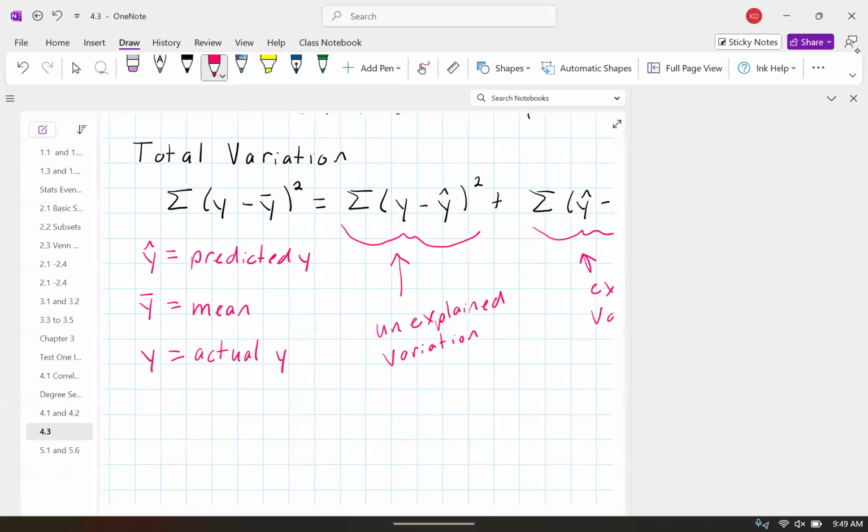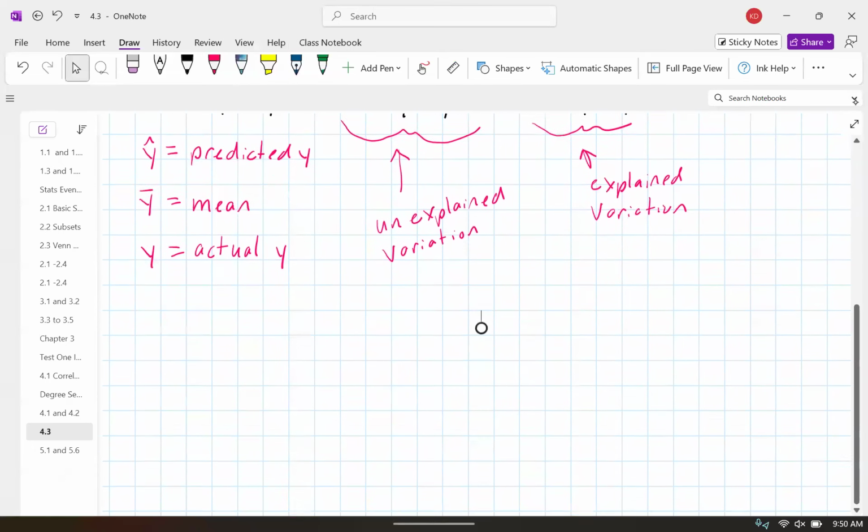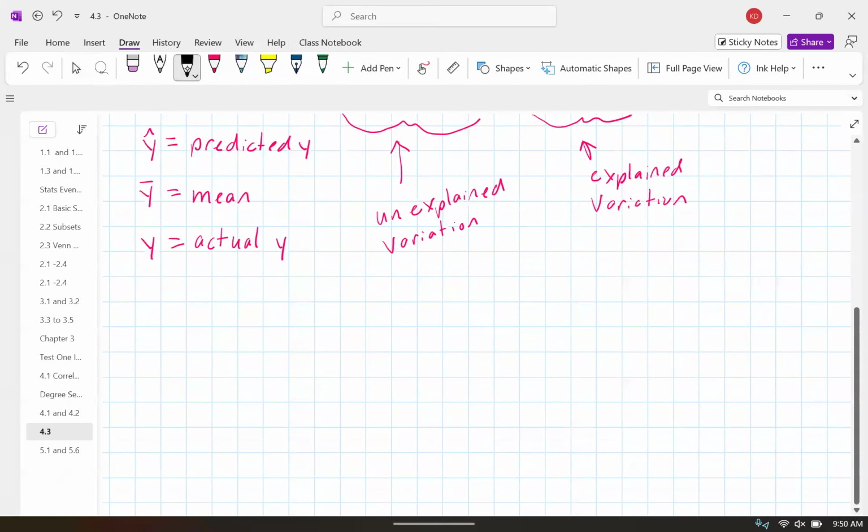Okay, so we create a residual plot. This was on slide 91.